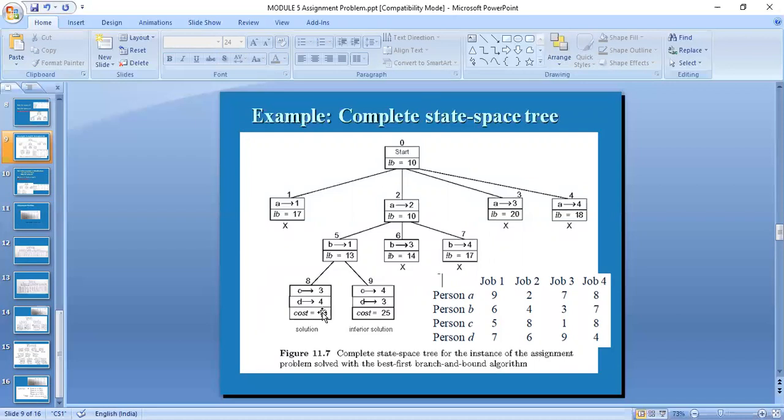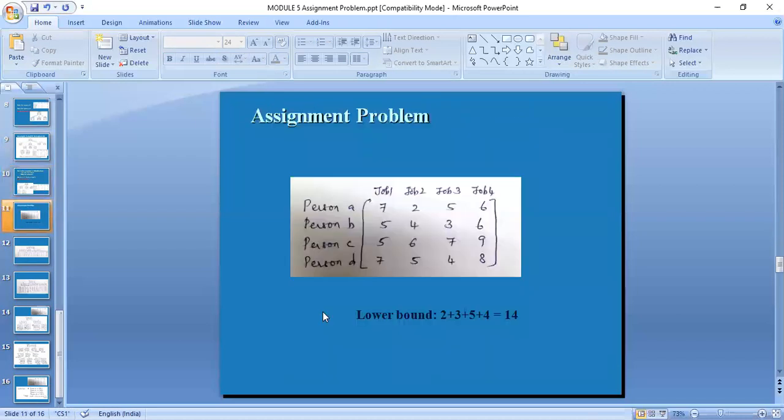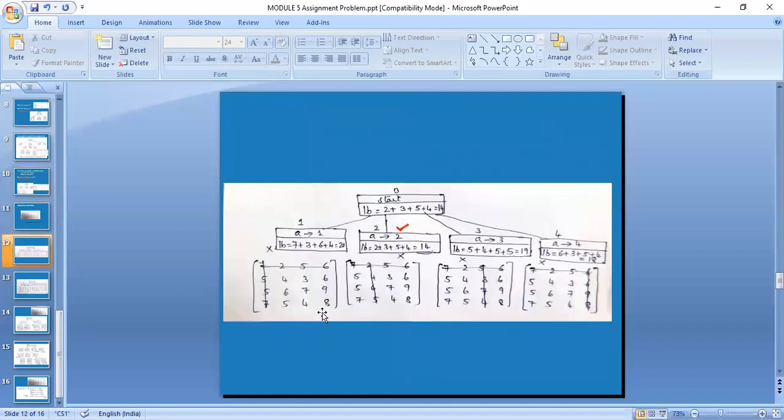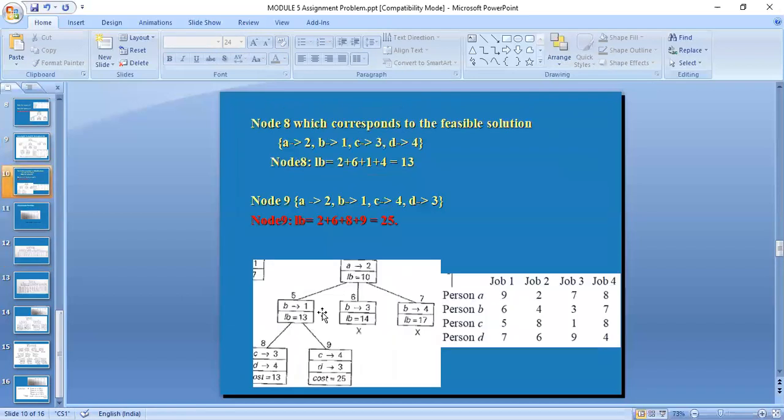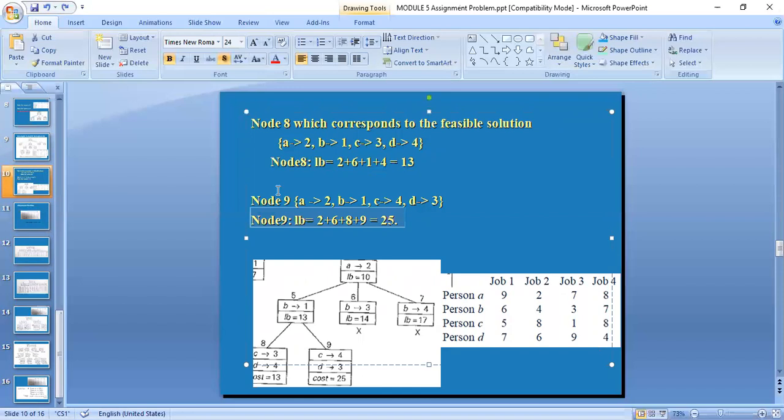So finally, for this solution, what is the assignment? The assignment corresponds to a feasible solution where you have the assignments as A with the job 2, B with the job 1, C with the job 3 and D with the job 4, whose total cost is equal to 13, which we have calculated here.